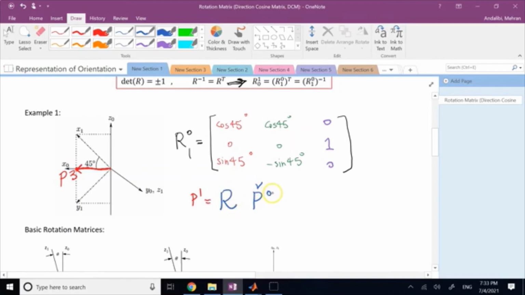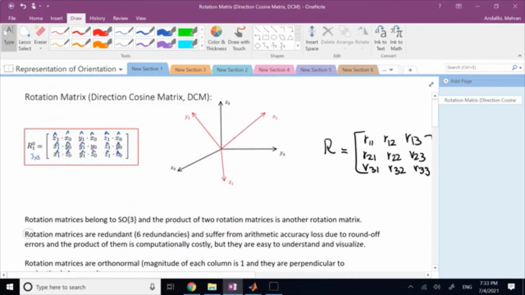It has to take me from somewhere in 0 to somewhere in 1. So it has to be 0 to what? 1. As I said, it is always R of the new frame to the old, or what? Reference frame. That is the notation I'm going to use here.